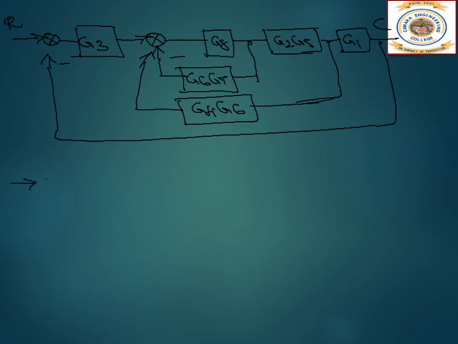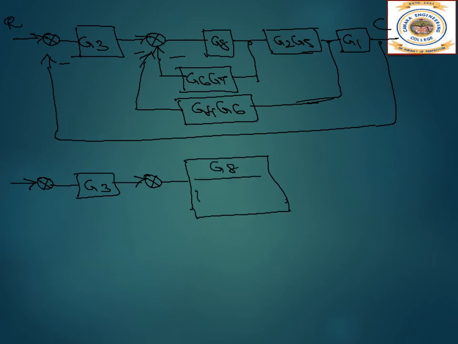So here it is R of S. This is G3. And yes, 1, this we can solve. Here G8 and this will solve. So what do we get over here? G8 is G of S divided by 1 plus, for negative feedback, G of S times H of S. H of S is G6, G7.